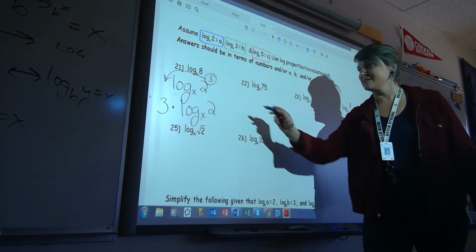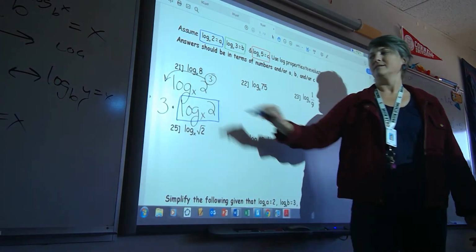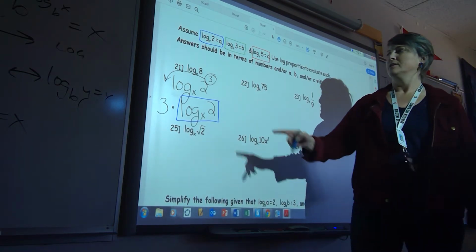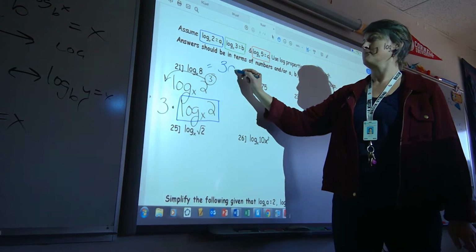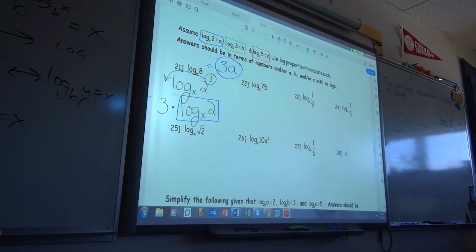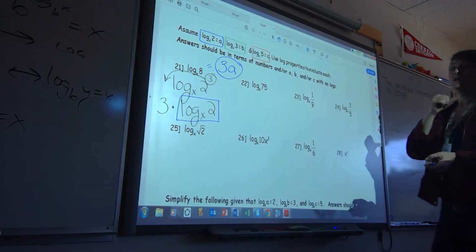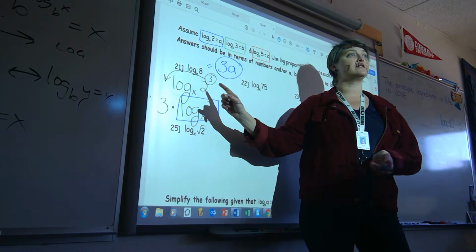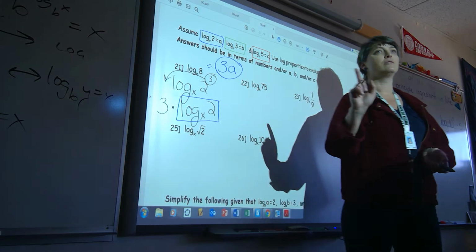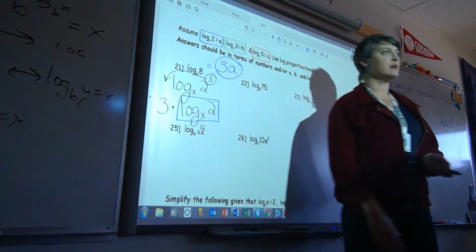And this can be substituted out. That is my A. So the answer to this is 3A. The most common wrong answer to this would be A cubed. Just so you know. So be careful not to make that mistake.